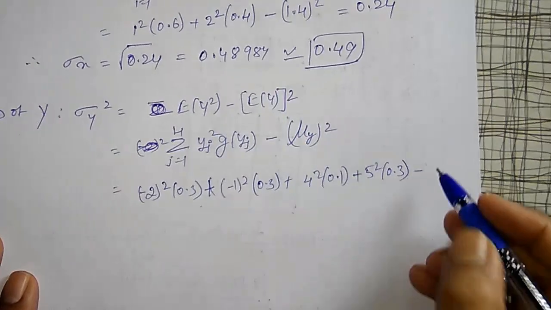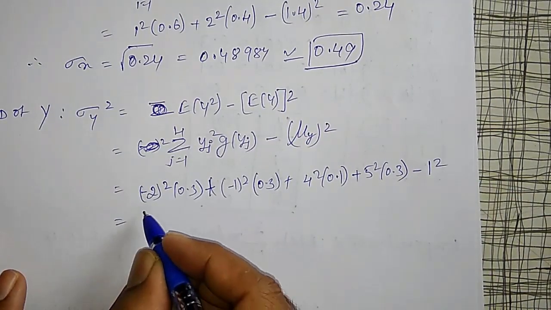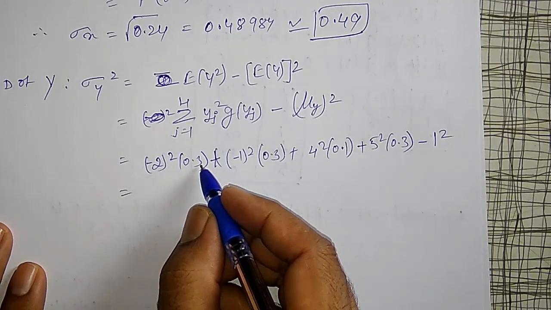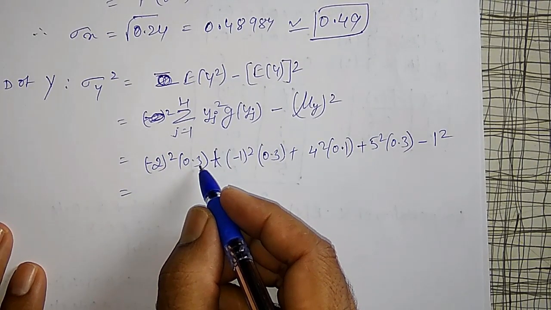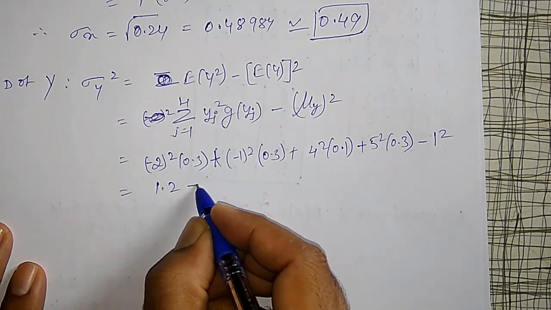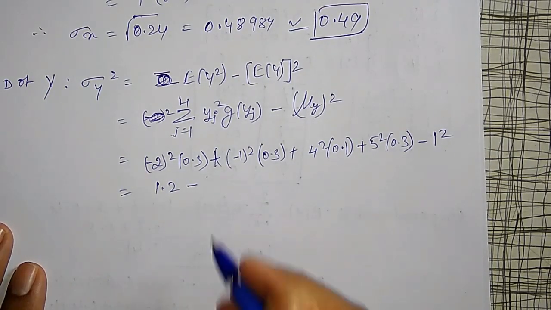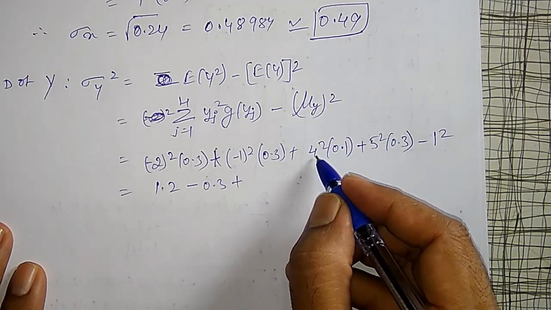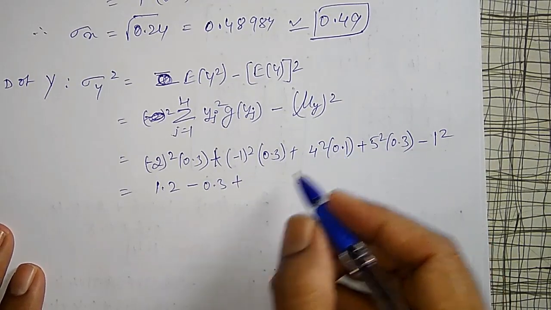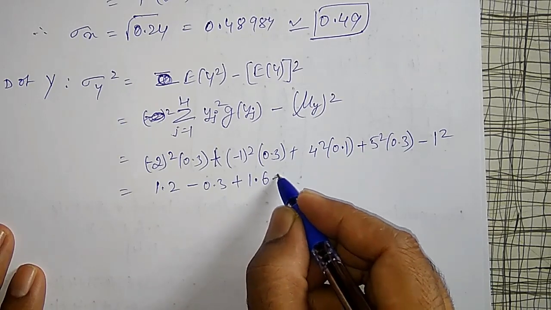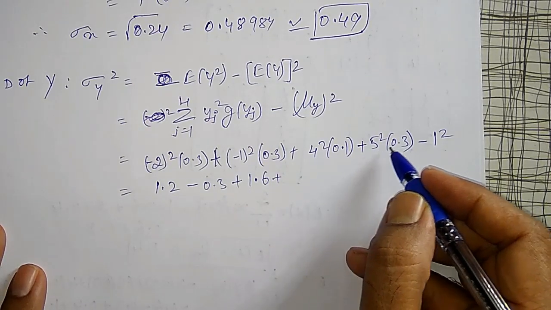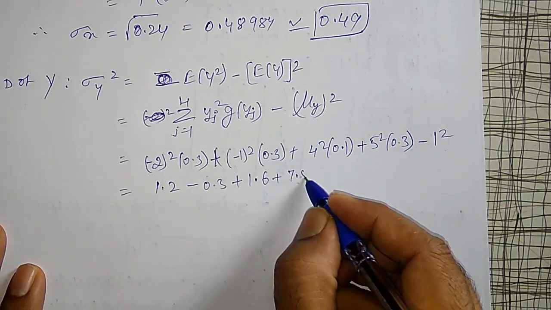That is 1 square. Minus 2 square is 4, 4 into 0.3 is 1.2, minus 1 square is again plus 1, 1 into 0.3 is 0.3, plus 4 square is 16, 16 into 0.1 is 1.6, 5 square is 25, 25 into 0.3 is 7.5.